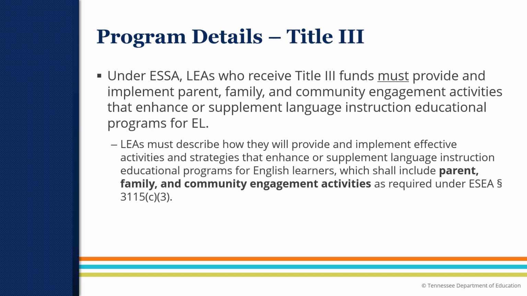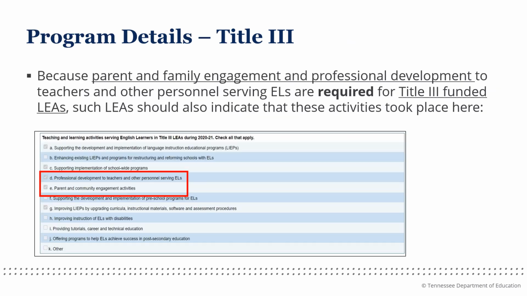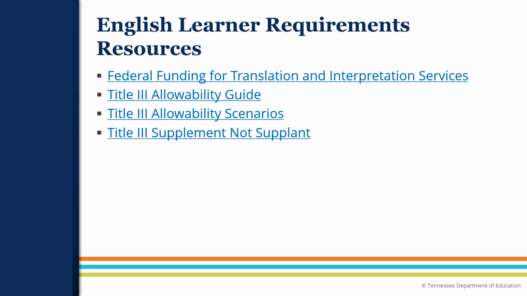And remember, if you do accept Title III funds, you must provide and implement parent and family and community engagement activities. And this is where you would select that on the program details page. And here's a list of resources.